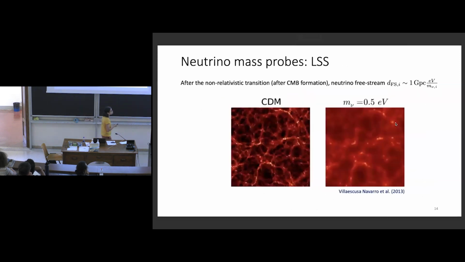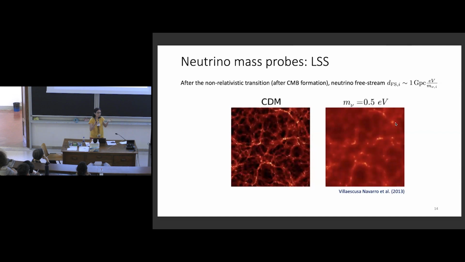And why so? Well, because as we have seen before, if the neutrino mass is below about 0.6 electron volt, then neutrinos go non-relativistic after CMB formation. And when they go non-relativistic, they start free streaming. So basically, they travel with a thermal velocity that is larger than the escape velocity from the gravitational potential wells.